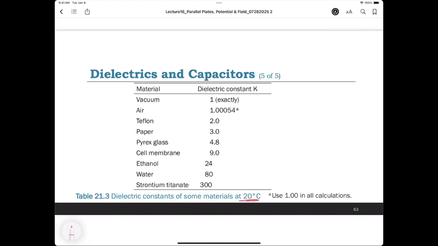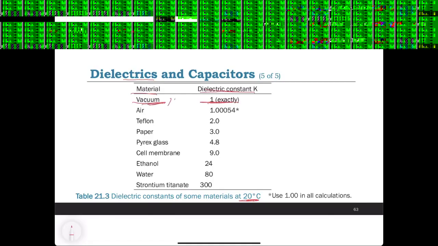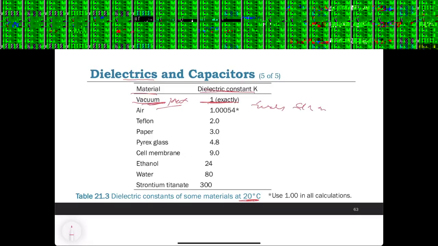You can see if the dielectric material is vacuum, the dielectric constant K is just 1. It just means if you insert a vacuum as the insulator in the capacitor, it's the same as the original one.